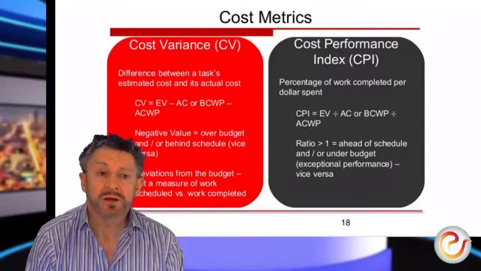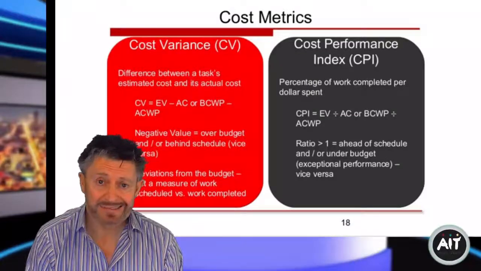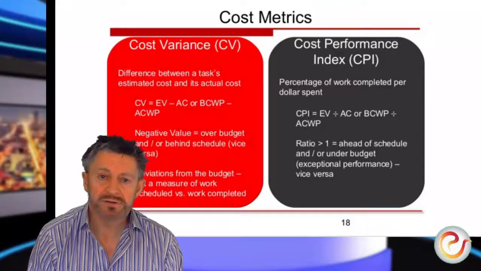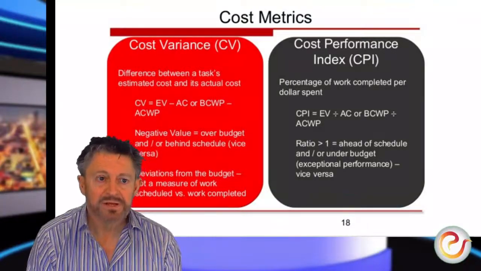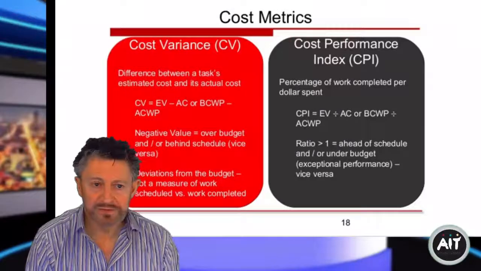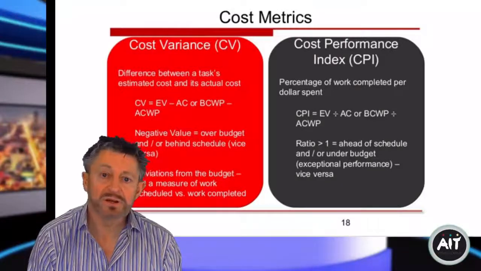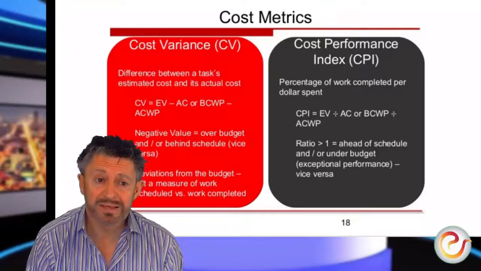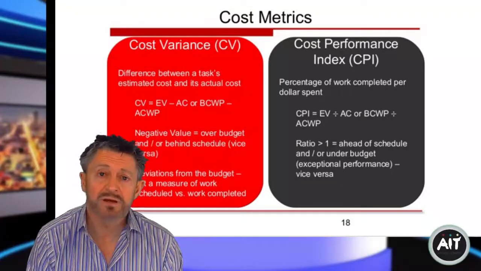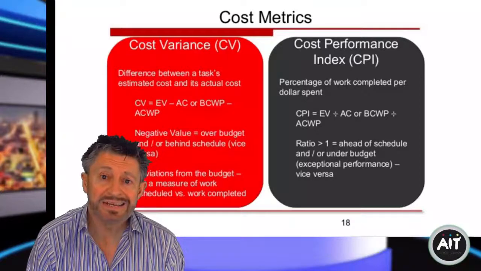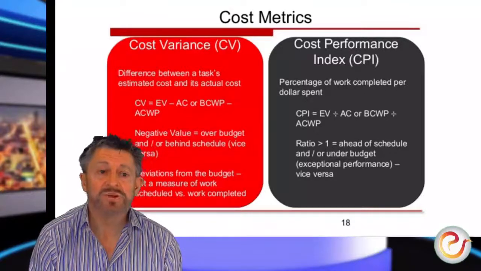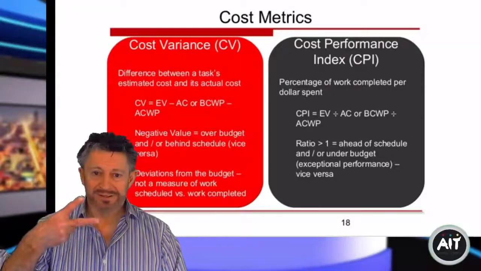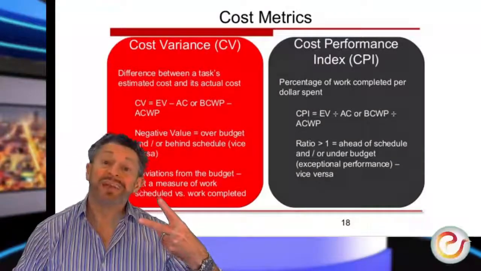And then you have the cost performance index. So the percentage of work completed per dollar spent is the earned value divided by the actual cost, or the budgeted cost of work performed divided by the actual cost of work performed, gives you a cost performance index. So if the ratio is greater than 1, I always remember it like that, that's right for greater, left for less.